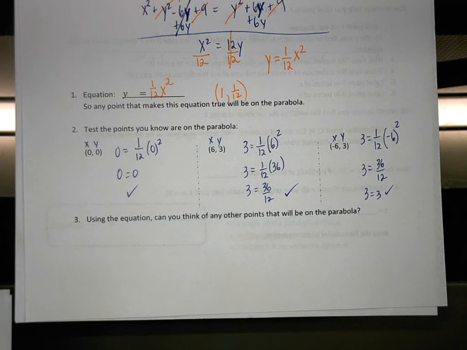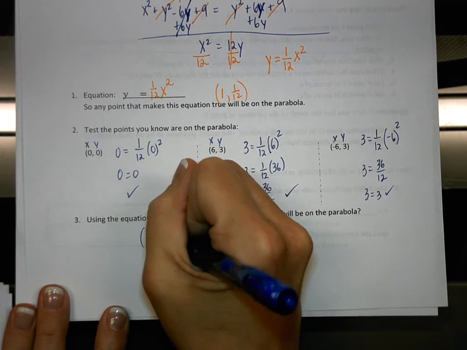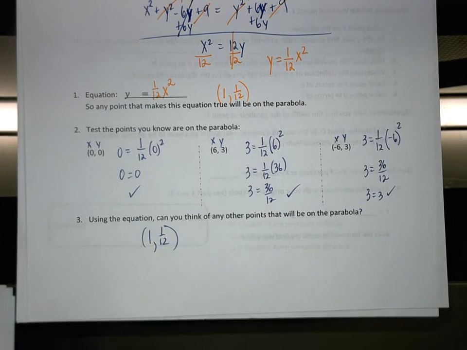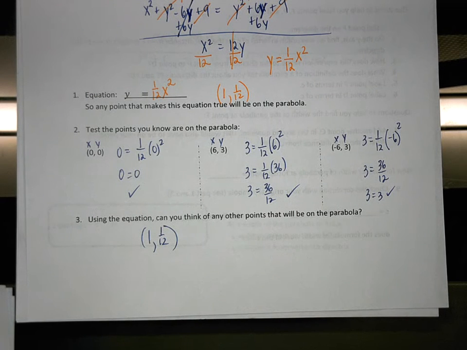So using the equation, can you think of any other points that will be on the parabola? So we already thought of 1, right? We got 1 and 1/12. Could you guys plug in any values?